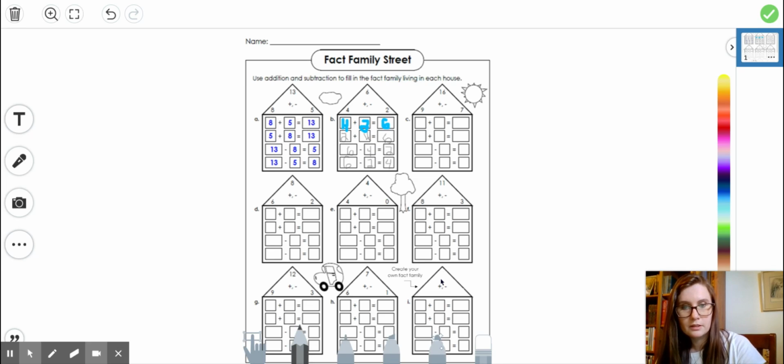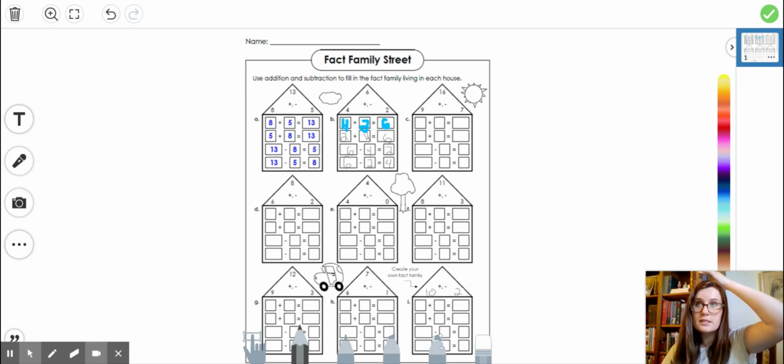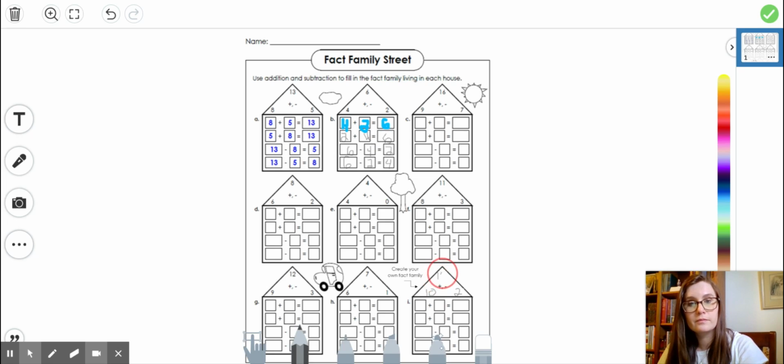So 10 would be one part, 2 would be the other part, and I'm going to put 10 in my brain. 10, 11, 12. So 12 is my whole. And then I'm going to create the rest of my fact family.